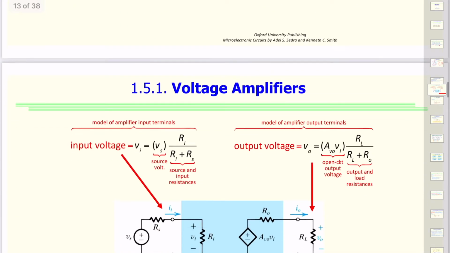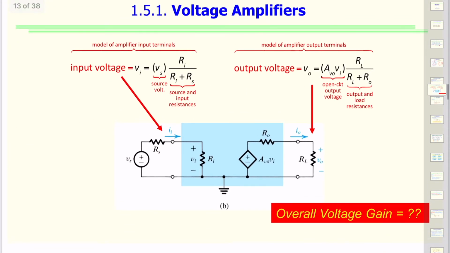What we are looking at is a basic fundamental circuit, what we call a voltage amplifier, with a gain factor of AV0. This is the important thing, what we call the gain.